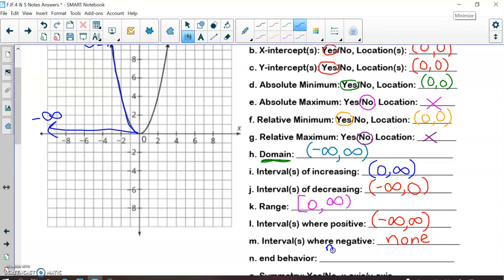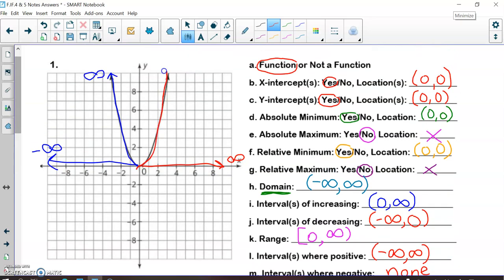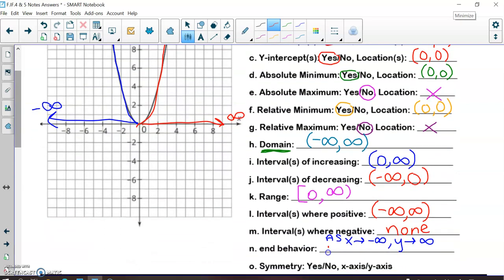So as x trends towards negative infinity, y trends towards infinity. And now as x trends towards infinity, my y values are going up and up and up, so my y values are also trending towards infinity. So as x trends towards infinity, y also trends towards infinity.